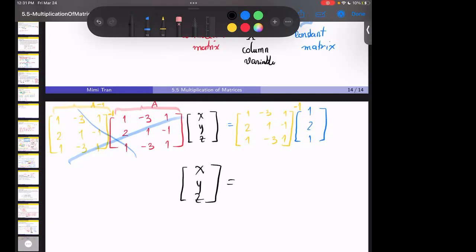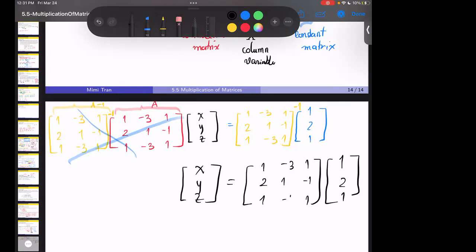And your answer is this: 1, -3, 1, 2, 1, -1, 1, -3, 1, inverse, times 1, 2, 1. It's inverse here. I forgot about that.